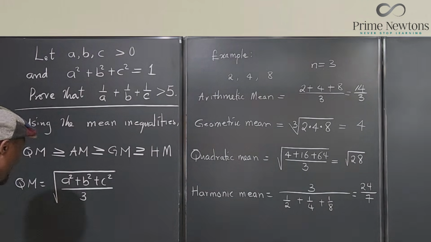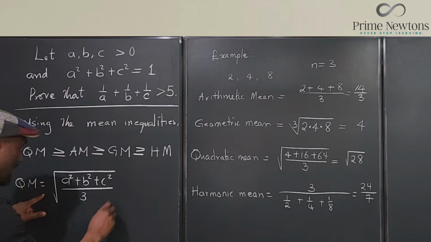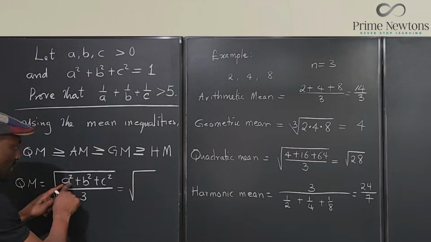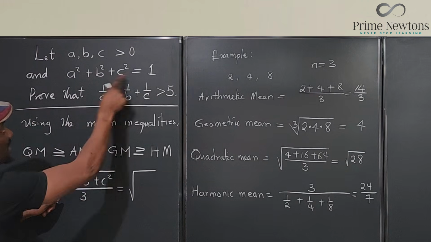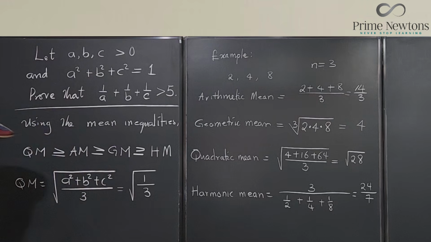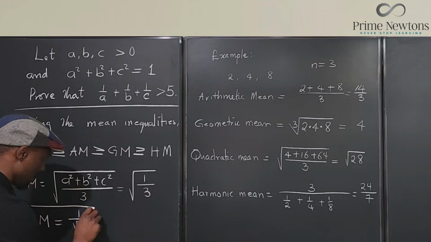And we know that a squared plus b squared plus c squared is 1, so this is the square root of 1 over 3. Nice. So the quadratic mean is equal to 1 over the square root of 3. We're going to leave it this way. Let's put a box around it.